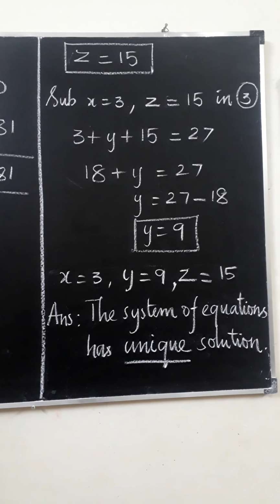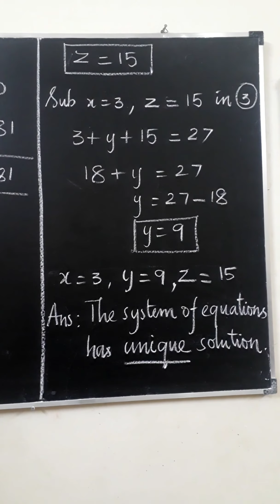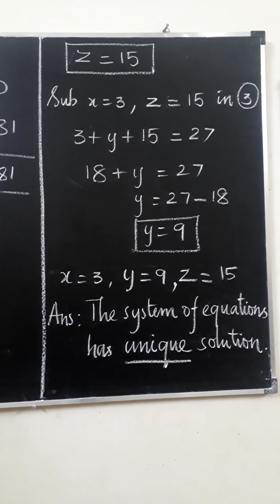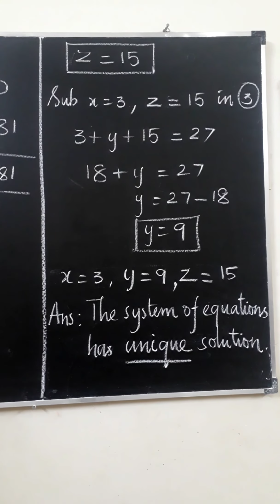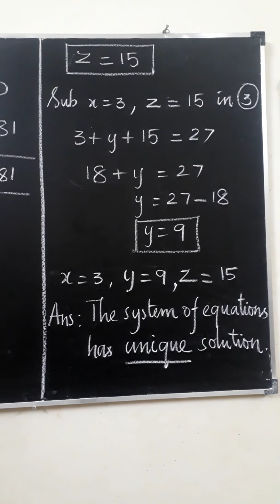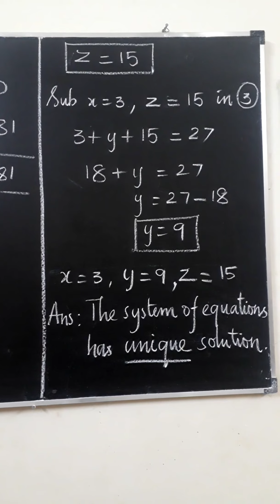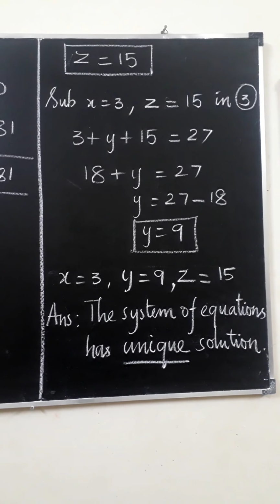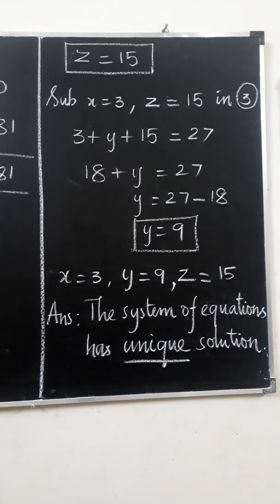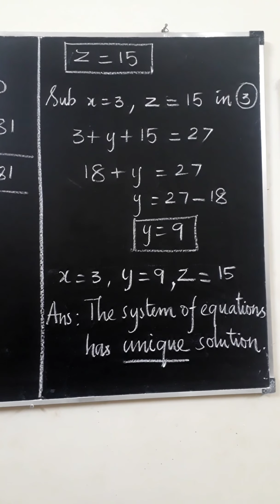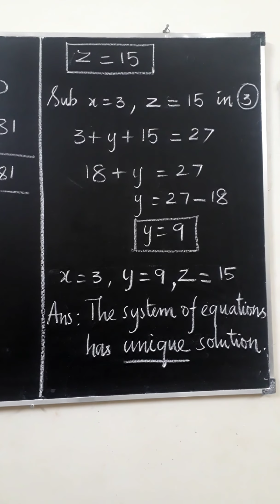Once again, just recall what the nature of solution of an equation is. If you are asked to find the nature of solution, what you have to do is try to solve them as we normally solve equations. And when we are solving them, three possibilities are there. One is if you get an identity, 0 equal to 0, then it has an infinite number of solutions. Second, it will not be an identity, but it comes to a contradiction.